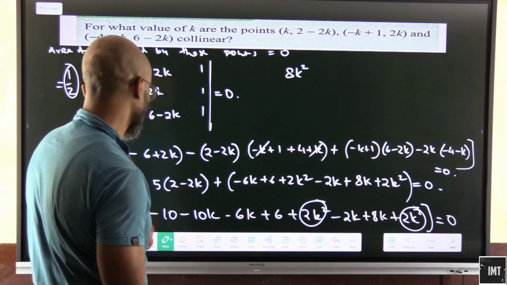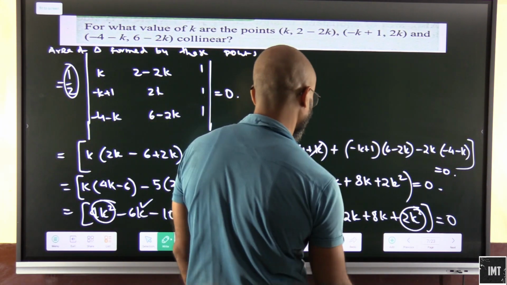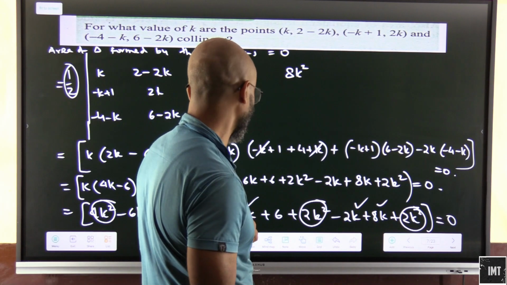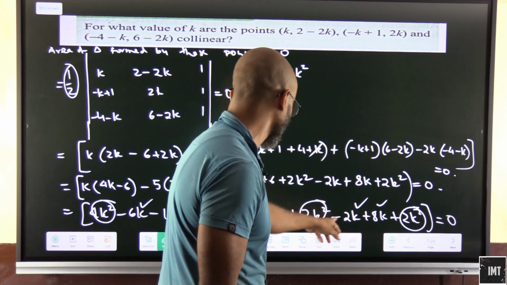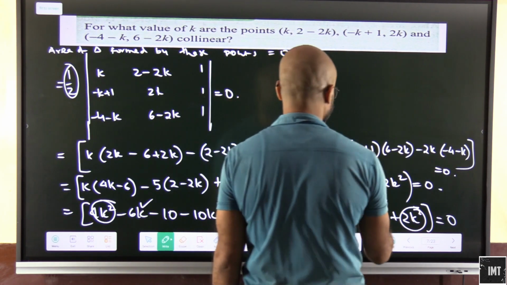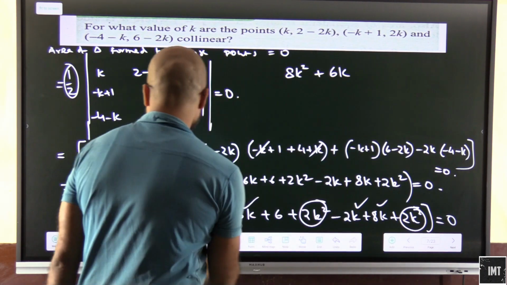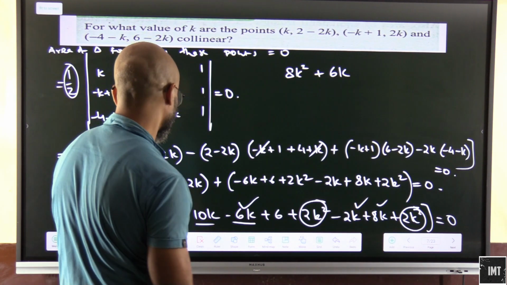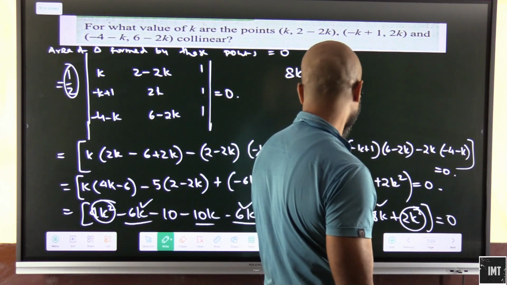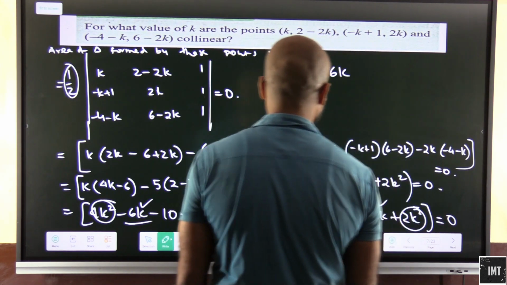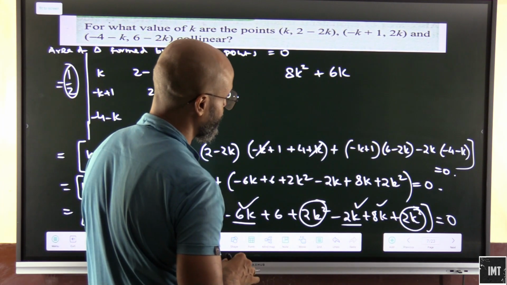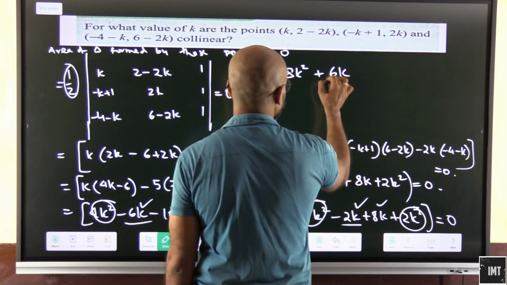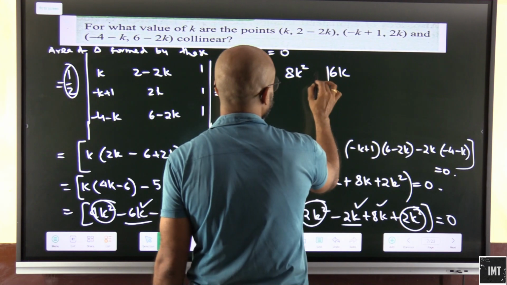Minus 6k minus 6k minus 12k minus 2k, plus 8k, that is minus 14k plus 8k, that is minus 6k. 6k minus 10, that is minus 16, minus 16 minus 6, that is minus 22, minus 22 minus 2, that is minus 24, minus 24 plus 8, that will be minus 16.